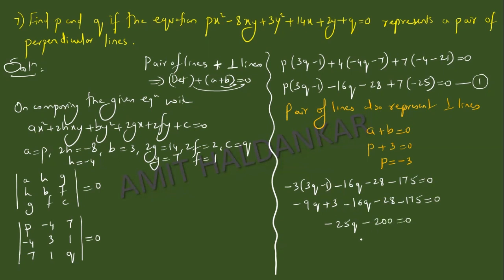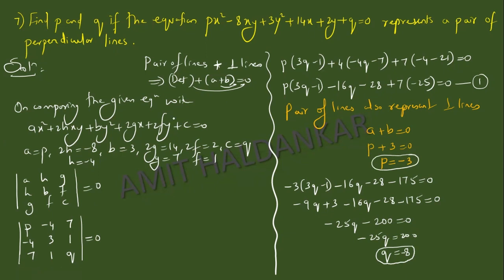Now if I divide this, minus 25q is equal to 200, q is equal to 200 by 25, 25 8s are 200, that is q is equal to minus 8, and you get p is equal to minus 3. These are the two values that you want to find out.